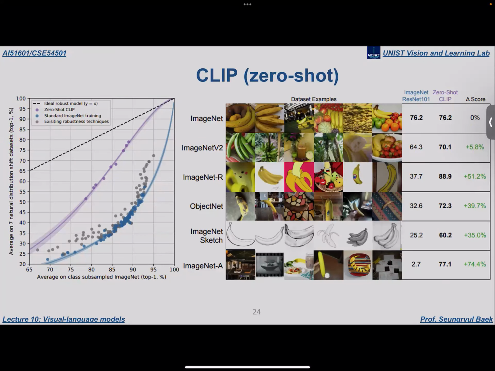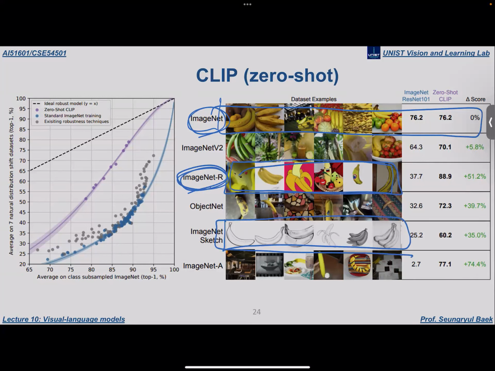And this is also an interesting result. This is the normal ImageNet images, and this is a different-style ImageNet dataset, with images in the cartoon style. And this has images in the sketch style, so different styles.